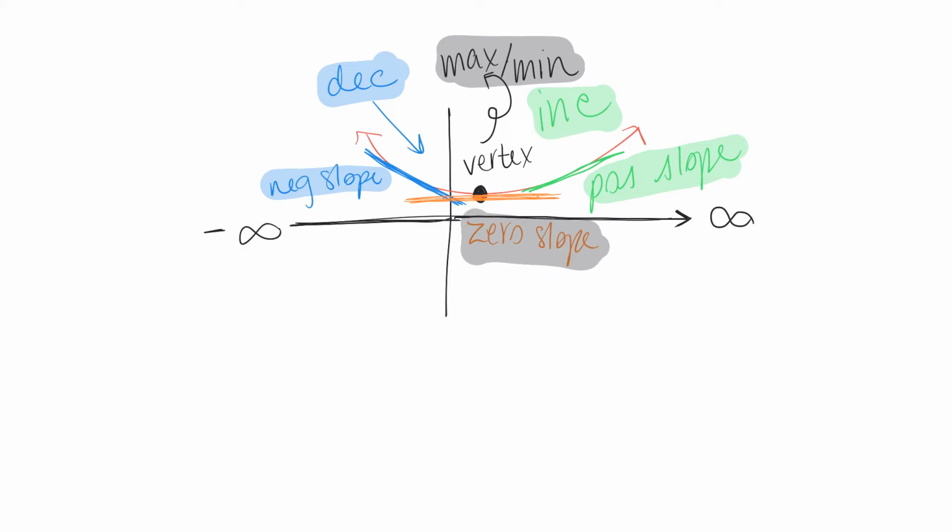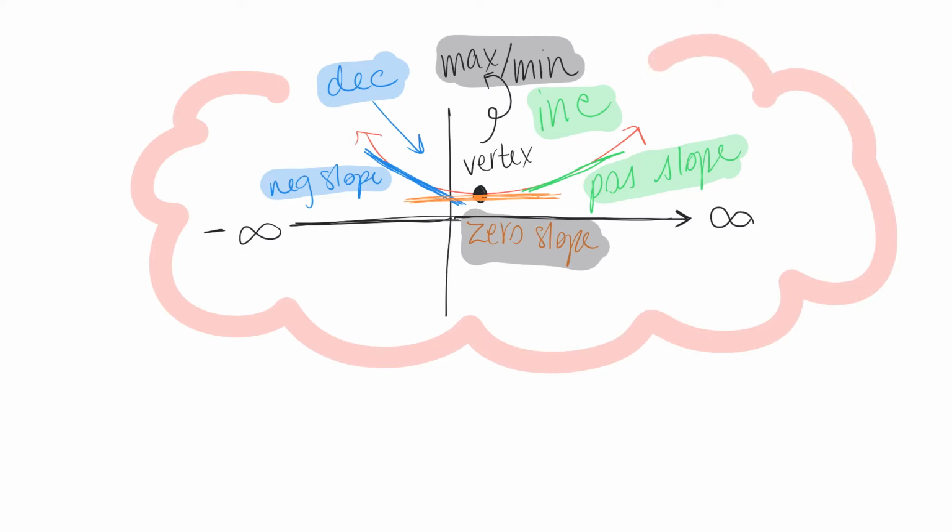So this is what we know. We can see it on this graph. It makes sense. So now what we're going to do is figure out how we can find that algebraically and without a graph. And if we can do that, then we're in business.